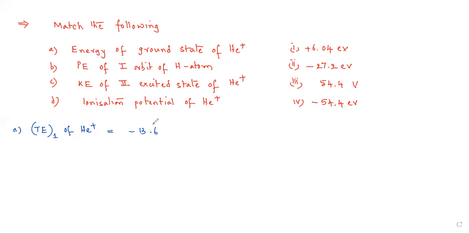I've given this yesterday: minus 13.6 into z square by n square electron volt. For helium z is 2, and n square, because it is the first orbit, is 1 square. Now simplify this, you will get minus 54.4 electron volts. So for A, it is of course 4.